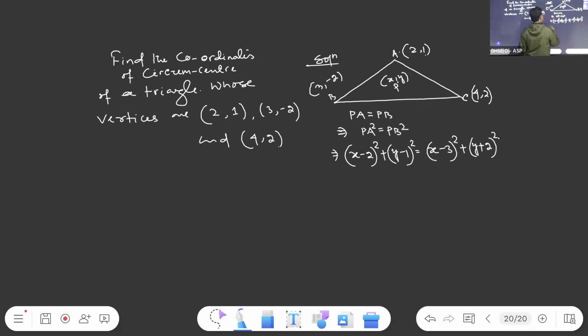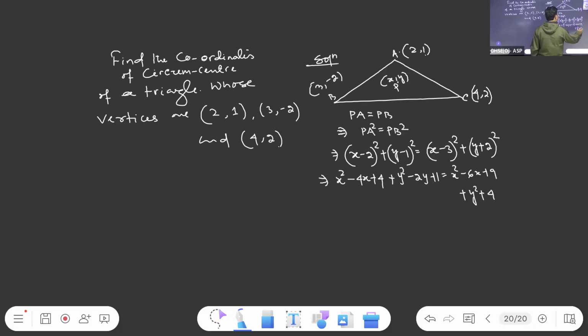So this implies x square minus 4x plus 4 plus y square minus 2y plus 1 equals x square minus 6x plus 9 plus y square plus 4y plus 4.